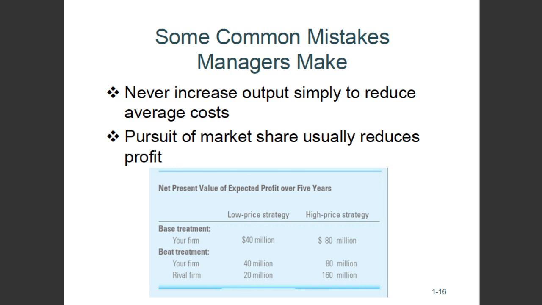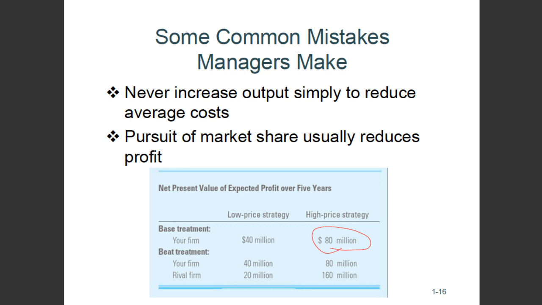There's an instinct that firms will, when confronted with rivalry, when firms have to make decisions, it shows a high price strategy versus a low price strategy.